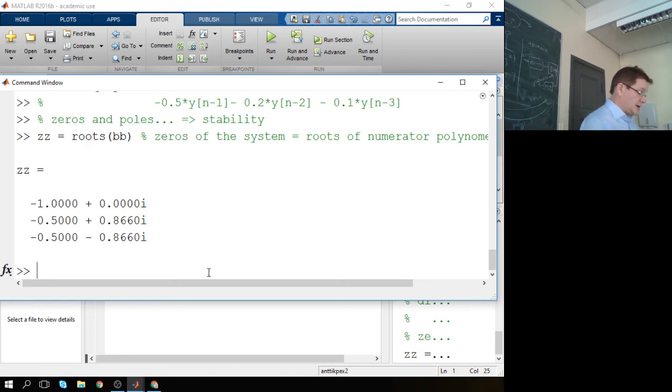And then the other one, poles equals roots of the denominator polynomial, which is coefficients RAA.